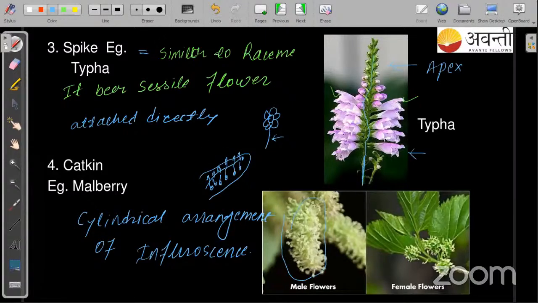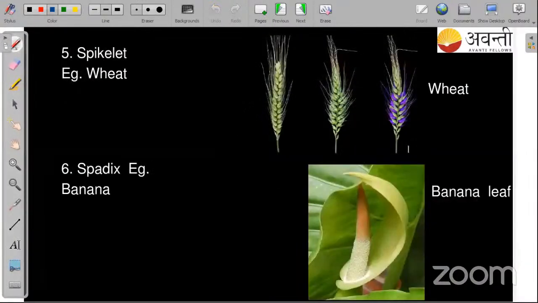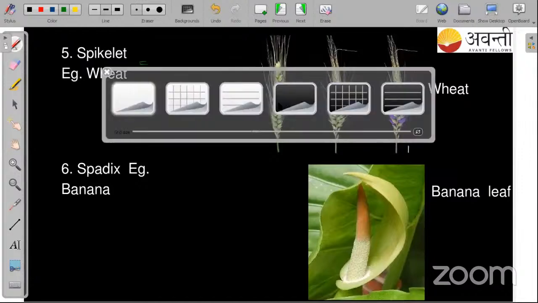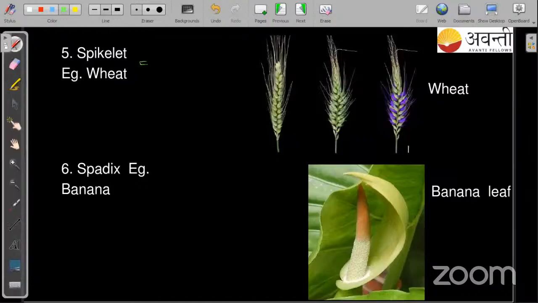Coming to the next, guys, next is the spikelet. Then what is meant by spikelet? This is the inflorescence part of the grass, present in grass.